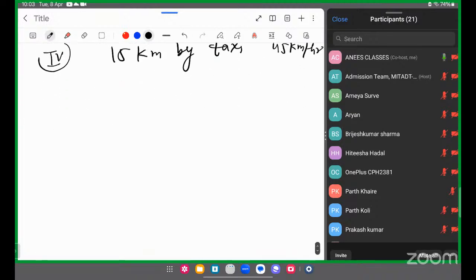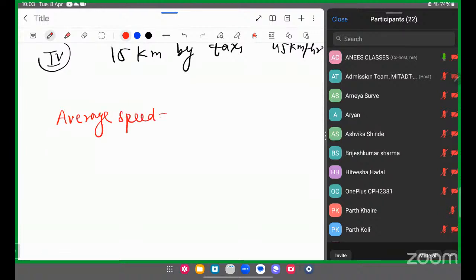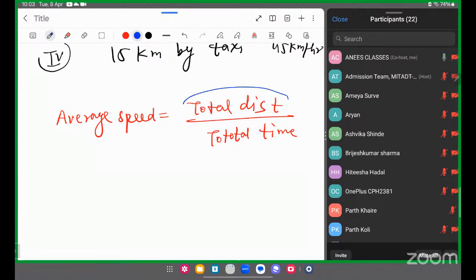Okay, so what is the formula for average speed? Average speed is nothing but total distance upon total time. That's it. So we have to get two information: overall distance and overall time.